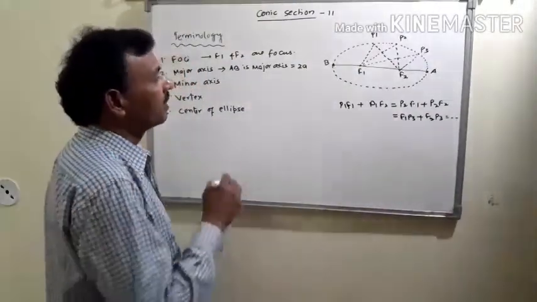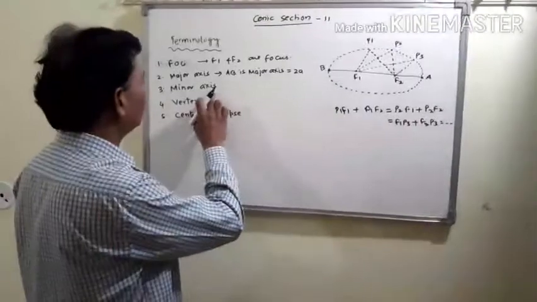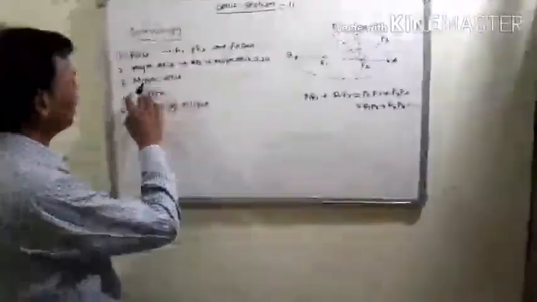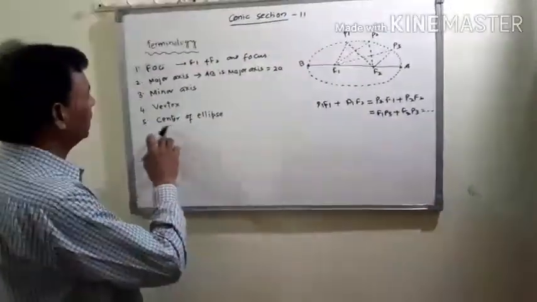Now the minor axis. Before discussing the minor axis, first we discuss what the center of the ellipse is.